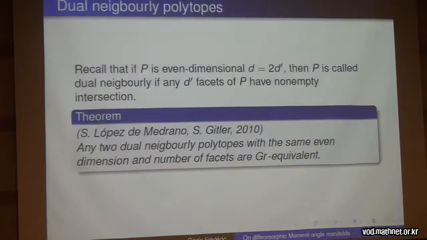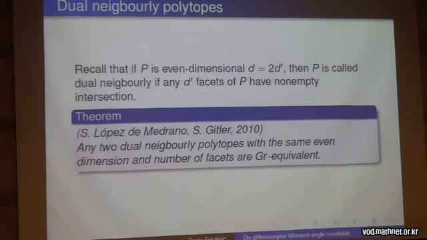Another example of graded equivalent polytopes is the case of neighborly dual polytopes. Neighborly dual polytopes are polytopes that maximize the number of faces for a given dimension and number of facets.